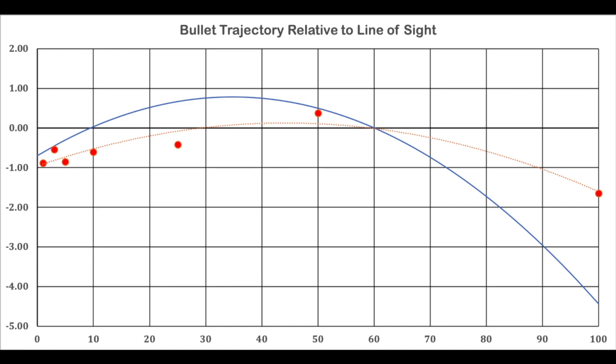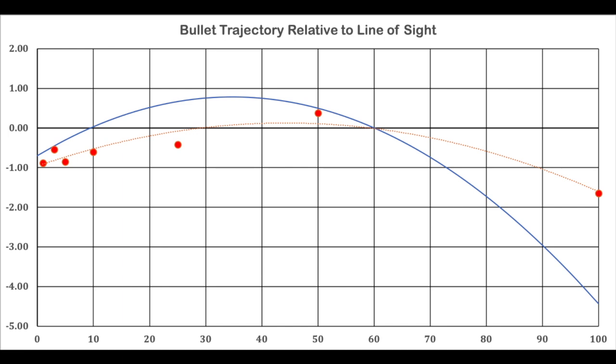Here's how the model compares for the 44 Magnum. Once again, the blue line is the model, the red dots are our actual data points from testing, and the dotted red line is a parabolic trend line fit to the data. Once again, the model does not agree with the actual data nearly as well as I was hoping it would.